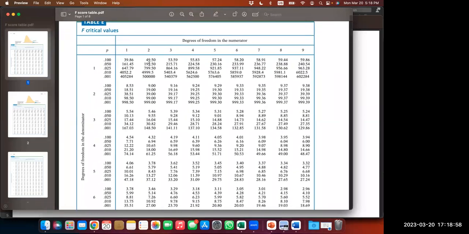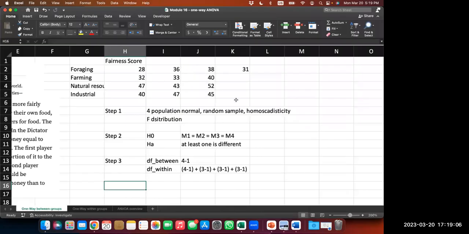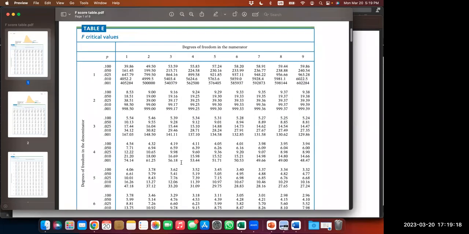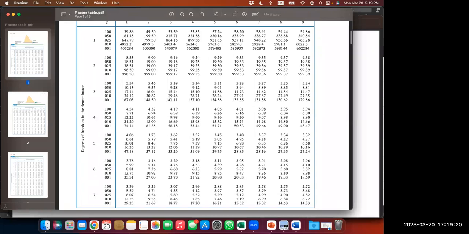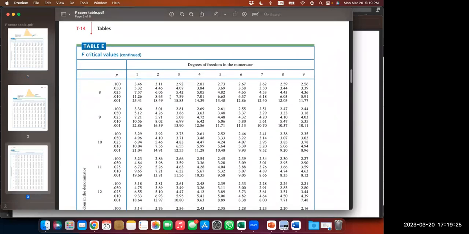So we have degrees of freedom in the numerator of 3, and, oops, we actually need to calculate the denominator. This is 3 plus 3 plus 3 plus 3, which is 9. So degrees of freedom of 3 in the numerator and 9 in the denominator.